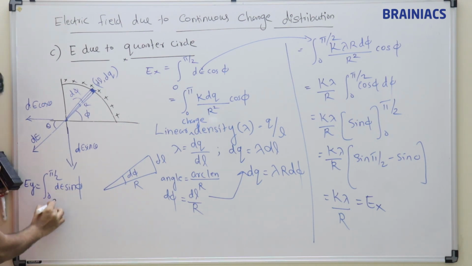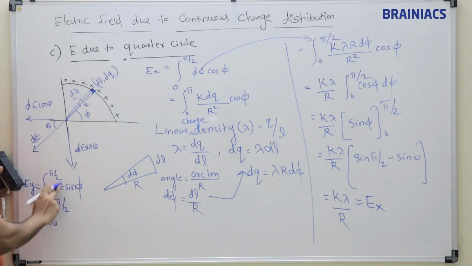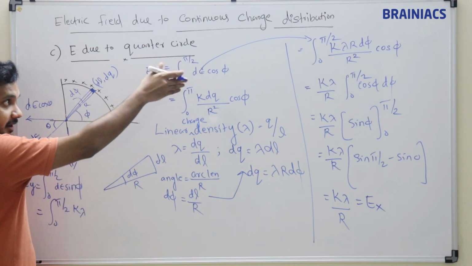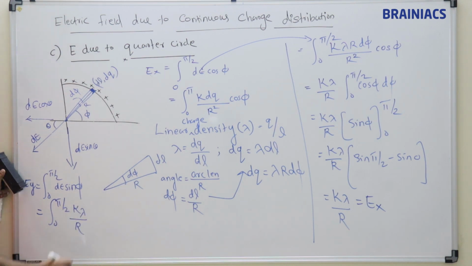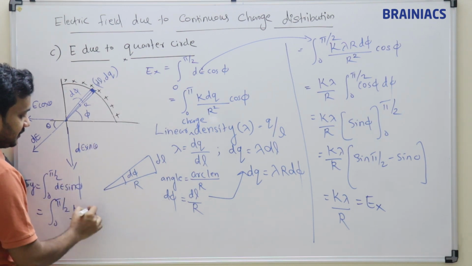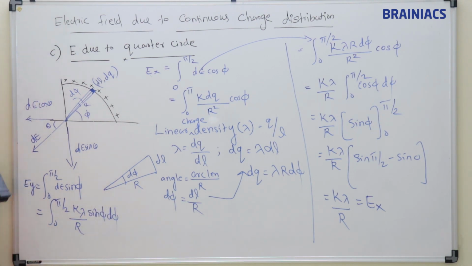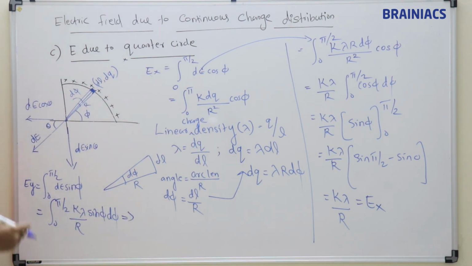So this is integral 0 to pi by 2, dE means substituting k lambda, numerator, denominator, r will get cancelled. So r into, instead of cos phi, sin phi and d phi. That's all. Now we have to integrate this one. Here what are the things that will be constant? k lambda by r is constant.